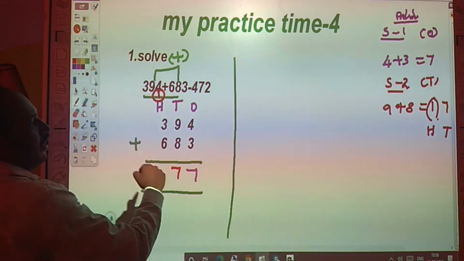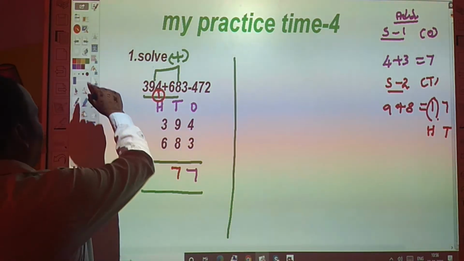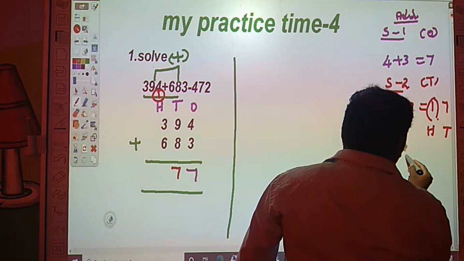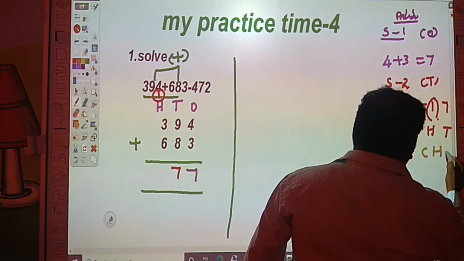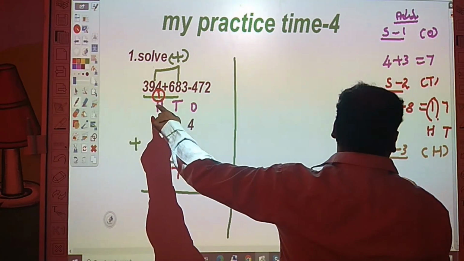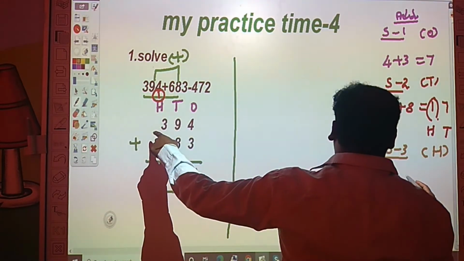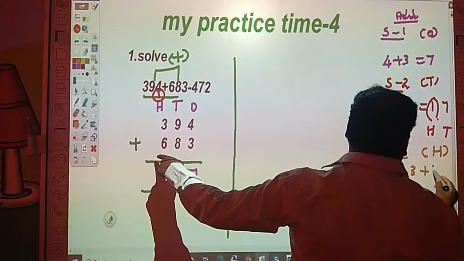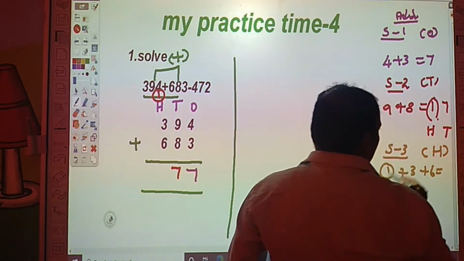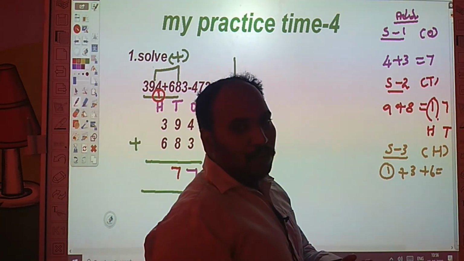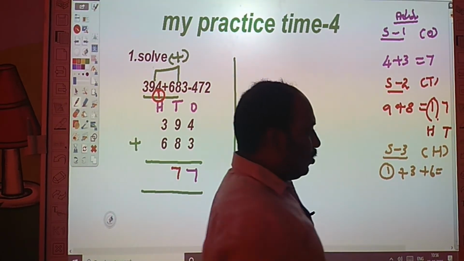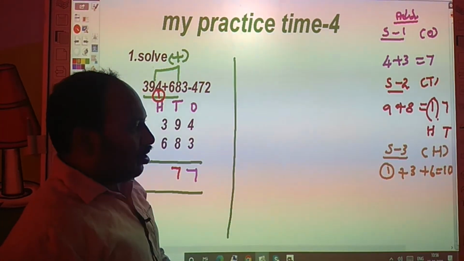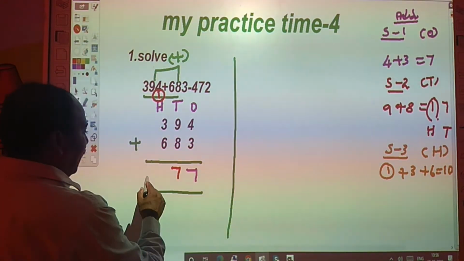Next we go to the hundreds place. Step 3. In the hundreds place we add the carried number: 1 plus 3 is equal to 4. 4 plus 6 is equal to 10.